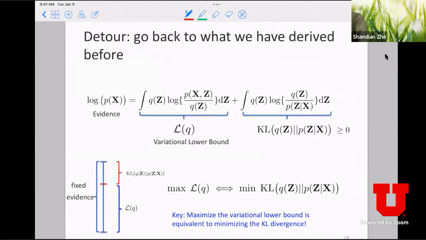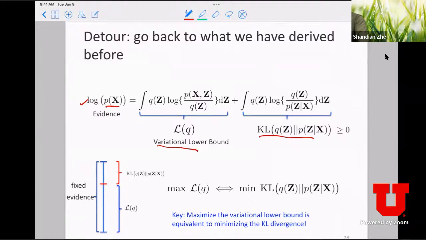By applying Jensen's inequality, it is pretty easy to show that the log marginal distribution of observed data, which is also referred to as log evidence, can be written as a summation of this lower bound plus the KL divergence.